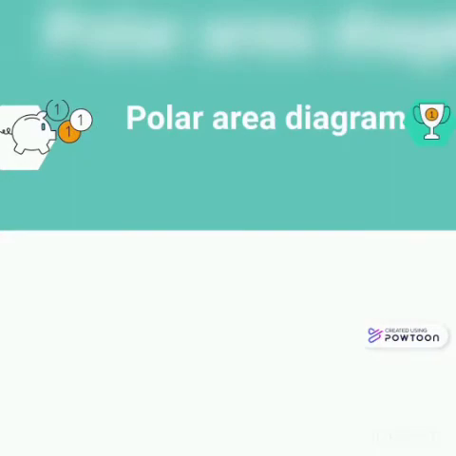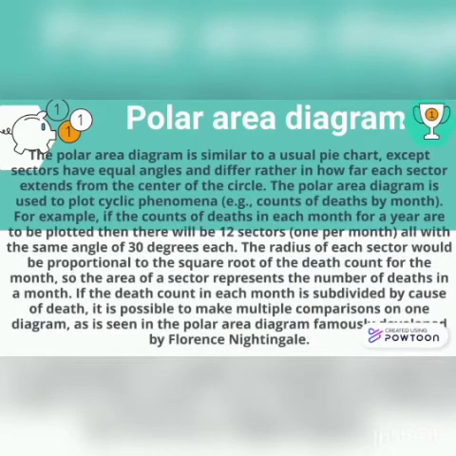The next is polar area diagram. The polar area diagram is similar to a usual pie chart, except sectors have equal angles and differ rather in how far each sector extends from the center of the circle. The polar area diagram is used to plot cyclic phenomena.